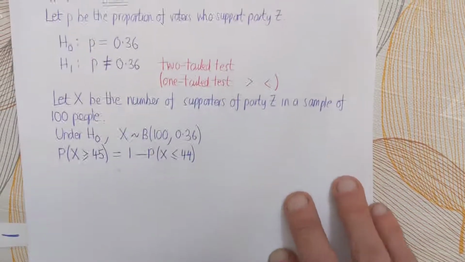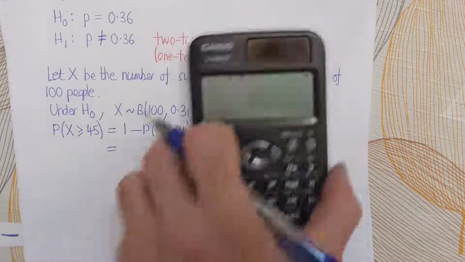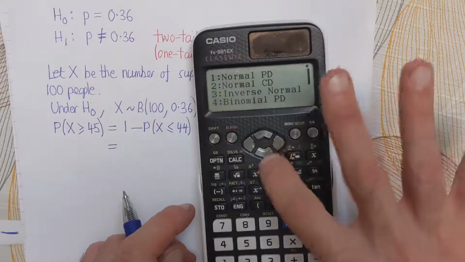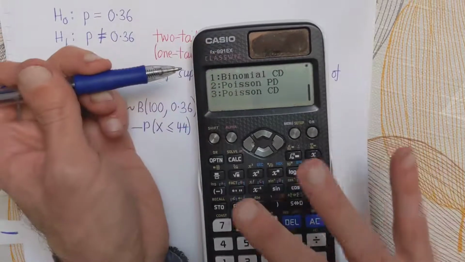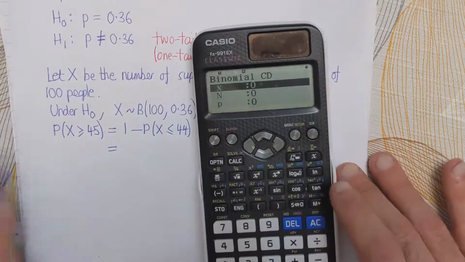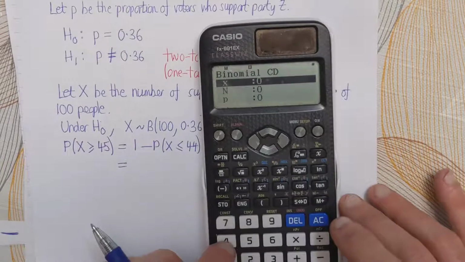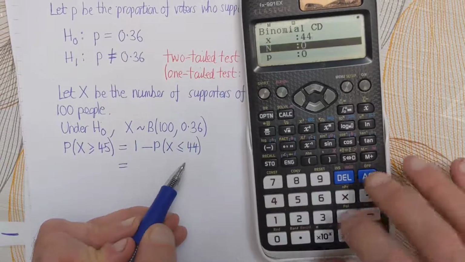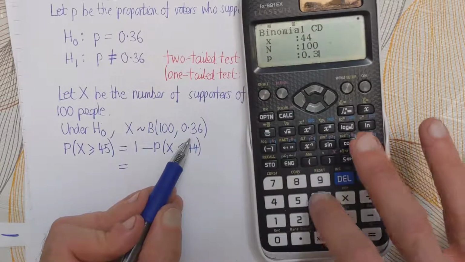So we get the calculator up. And we go to menu 7 and we scroll down to binomial cumulative distribution, binomial CD. So we choose that one, and option 2, variable. And X is 44, N is 100, and P is 0.36.